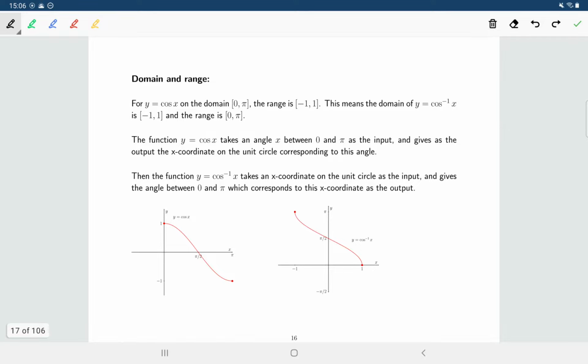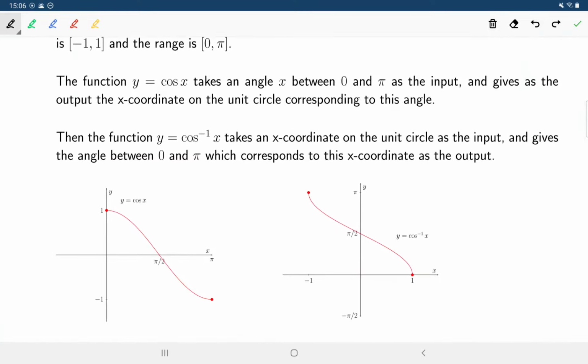Again, domains and ranges are switched when we look at our inverse functions. So for cosine, the domain is from 0 to pi, so for cosine inverse, the range is from 0 to pi. Cosine had a range from -1 to 1, so cosine inverse has a domain from -1 to 1.